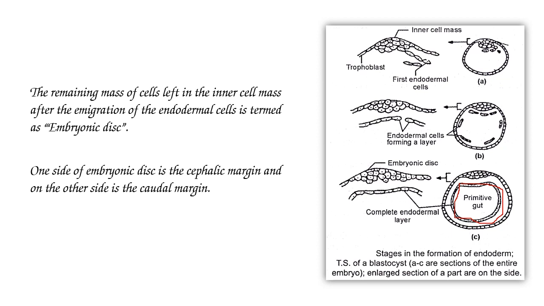the remaining inner mass cells are called the embryonic disc. So the cells left in the inner cell mass after formation of this archenteron or endoderm layer, the remaining cell mass is called the embryonic disc. In the embryonic disc, one margin is called cephalic, that means head region, and the opposite region is called the caudal margin, that is the tail margin.